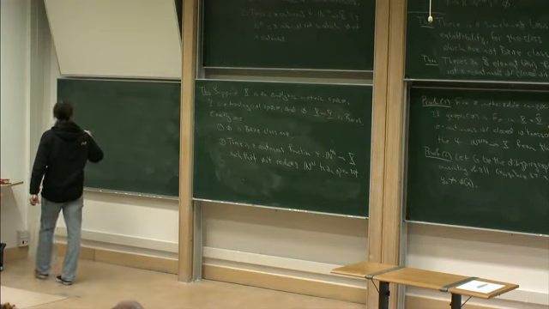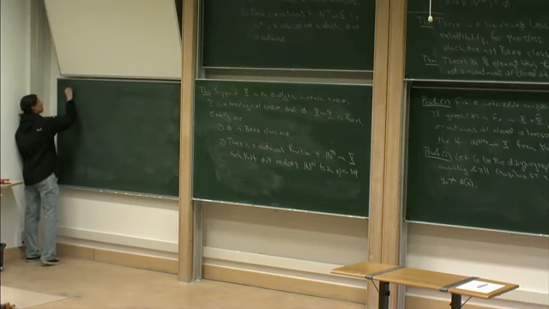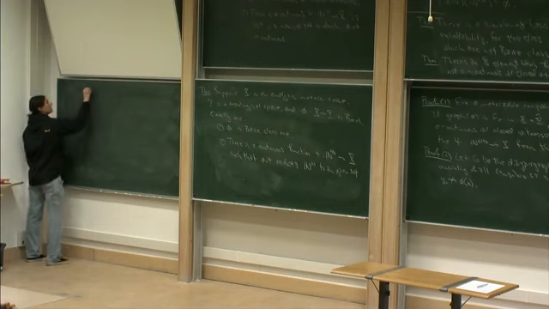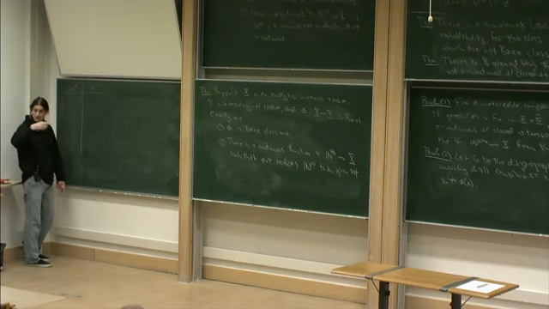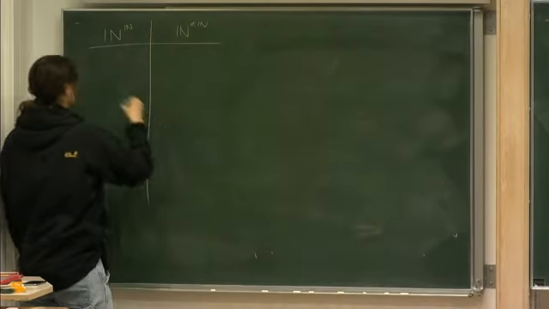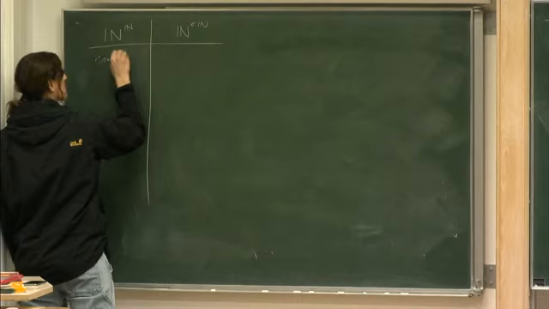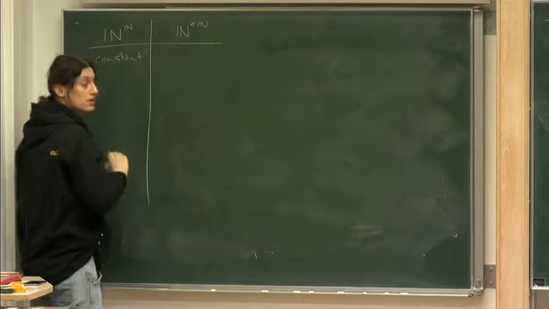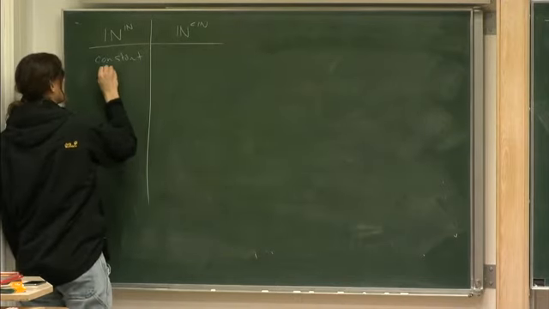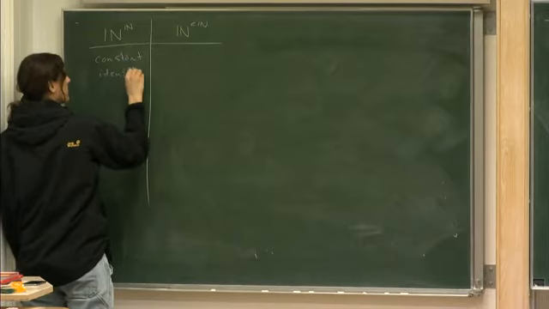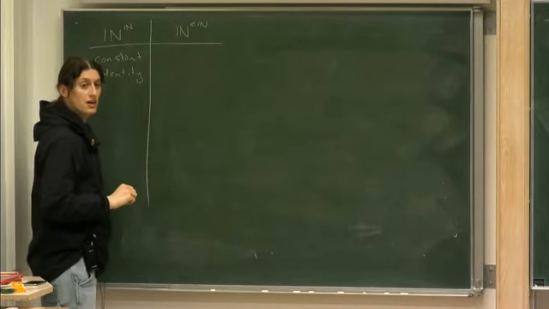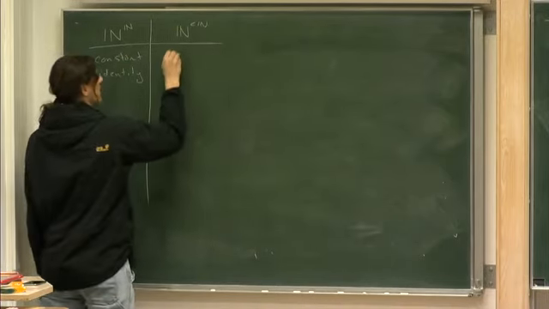So what can happen? I'm describing the behavior of this composition. On Baire space it could be constant, or it could just look like the identity function on Baire space. On the finite strings, it could be constant.